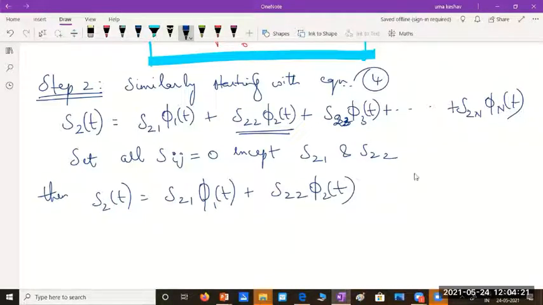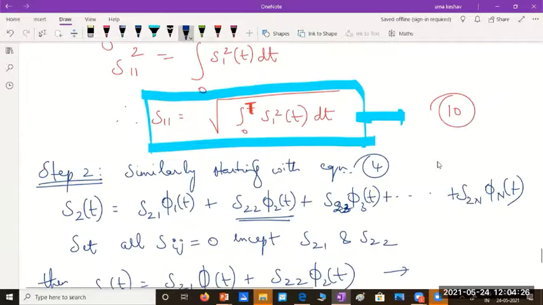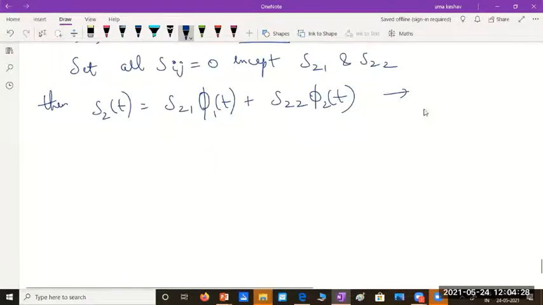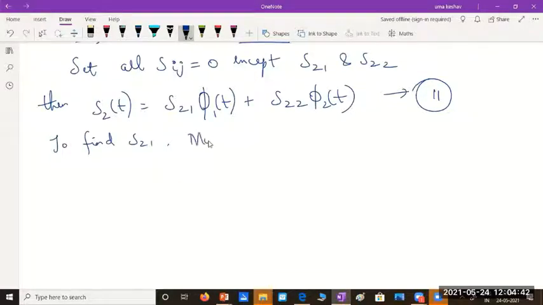Let me call this equation 11. Now, in order to simplify this and find S21, let's multiply. We are doing some manipulations. What should I multiply? Any idea? Both sides of 11. When will I get S21?